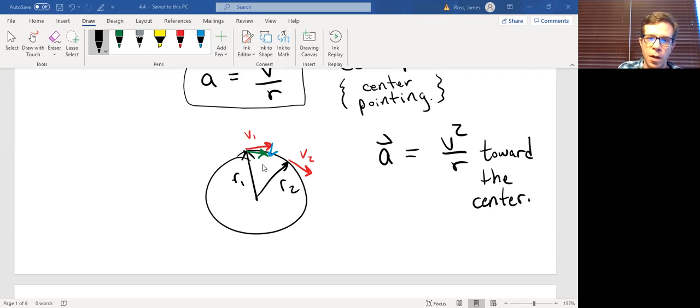Well, we're going to model the hill as a circle, right? There's some radius of curvature associated to this hill. So in order for it to stay on the ground, we need that centripetal acceleration to keep it moving in a circle.